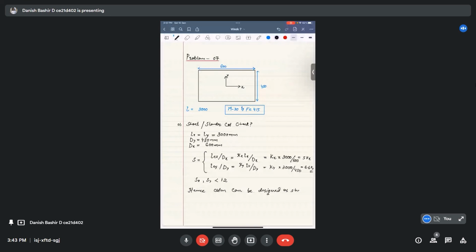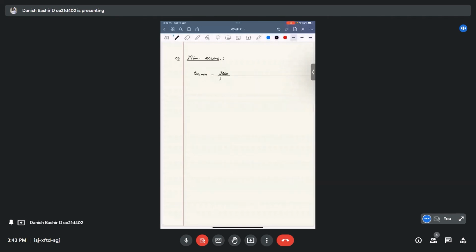Now the next step is minimum eccentricity. The formula for the eccentricity: e minimum is equal to L by 500 plus D by 30, that is 3000 divided by 500 plus 600 divided by 30.